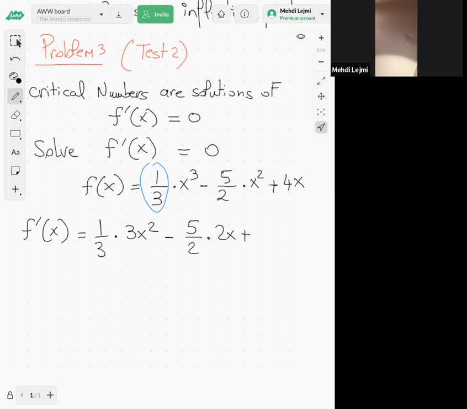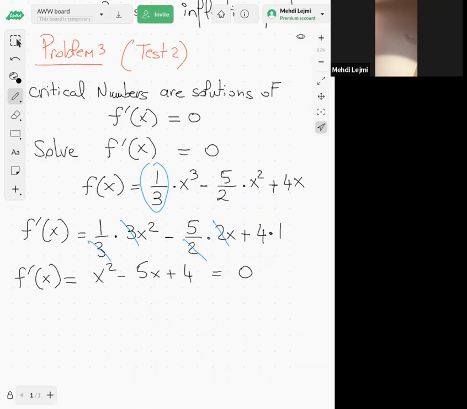Keep the constant 4 times the derivative of x, which is 1. So f prime of x we can simplify, because here there's this 3 in the top and this 3 in the bottom, so they cancel out. It's just x squared minus 5x plus 4 equal to 0.